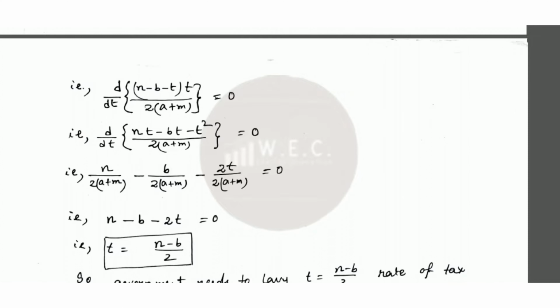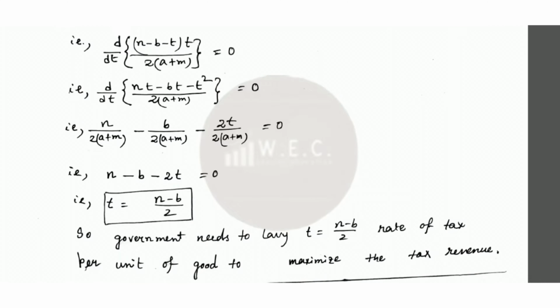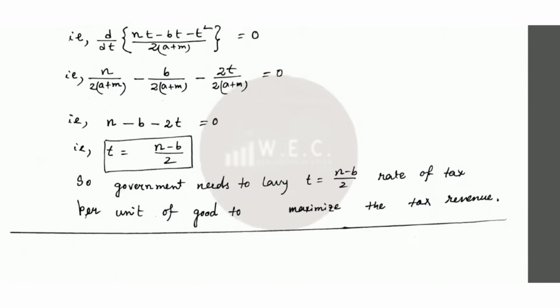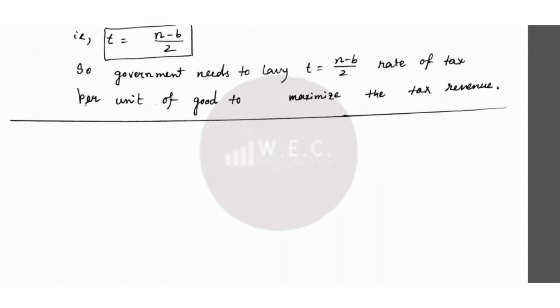Solving this equation, we can get the value of tax per unit, that is small t. You can see the derivation on the screen. Please see it thoroughly. So we get the tax per unit equal to (N minus B) divided by 2. So the government needs to levy small t equals (N minus B) divided by 2 as the rate of tax per unit of good to maximize the tax revenue.